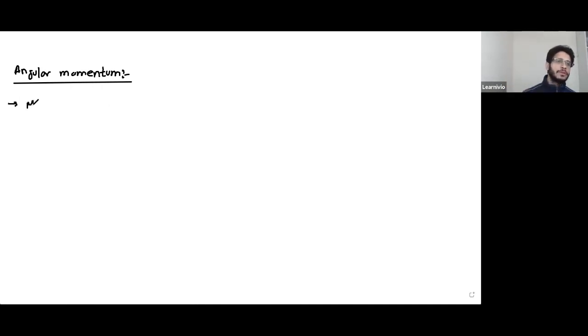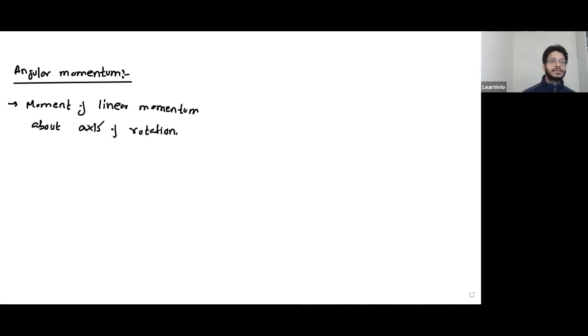So the definition is similar. It's the moment of linear momentum about the axis of rotation. So the moment of linear momentum about the axis of rotation is known as angular momentum.